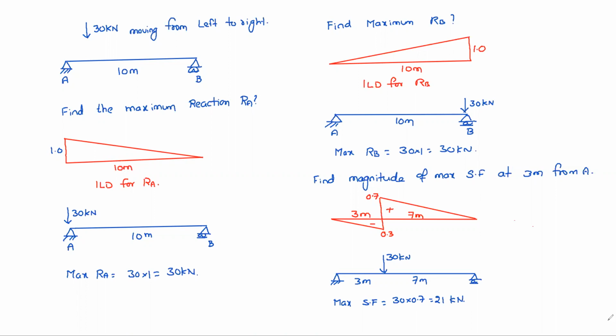Similarly, find the maximum bending moment at 4 meters from A. For that, we need to draw the ILD. The ILD is like this.